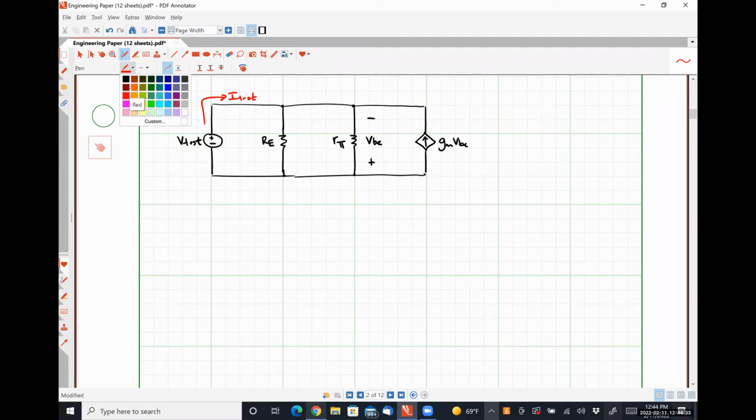And I can see that I test is simply V test over RE plus V test over R pi minus GM VBE, where obviously VBE is simply negative V test.